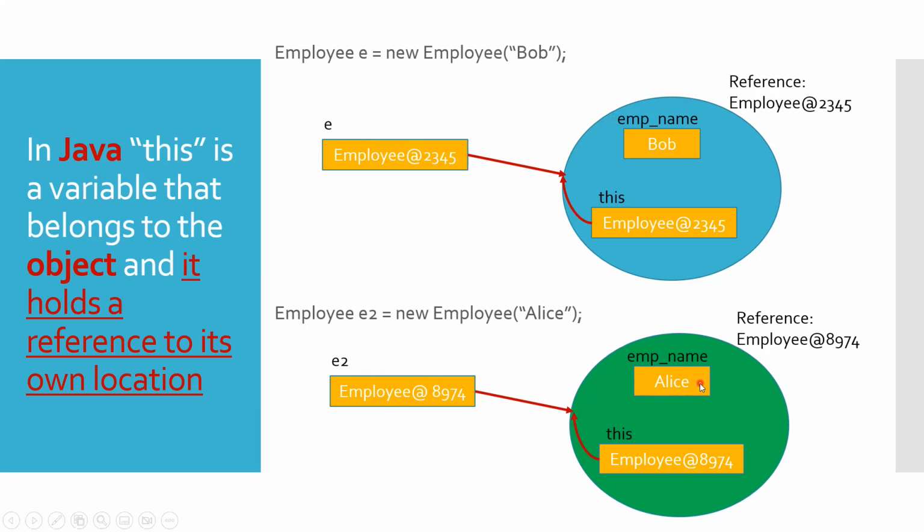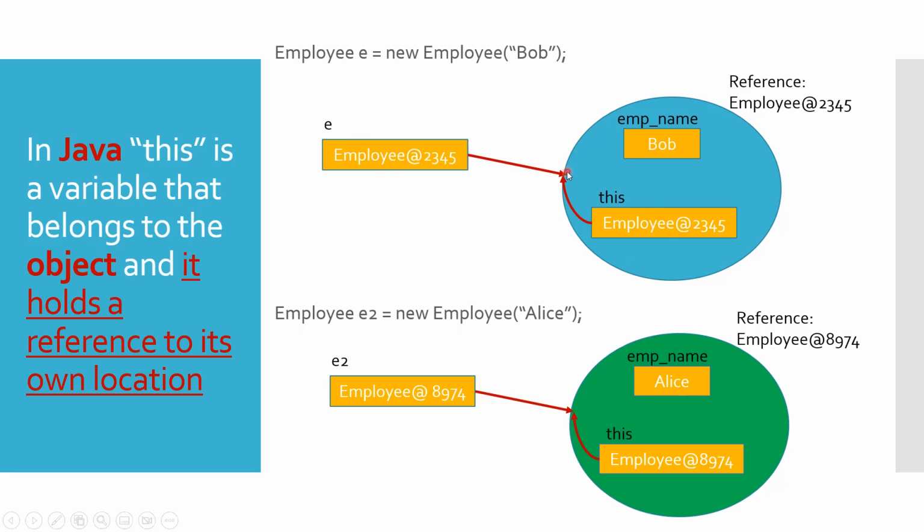Now, when we write code inside the class and we want to refer to its internal members like attributes or methods, we say this.empName. The code is the same for both objects: the code of this object has this.empName, and the code of that object also has this.empName. How does it know the difference? Because this is a reference, so it starts with it, just like it started with a reference when we said e.empName.